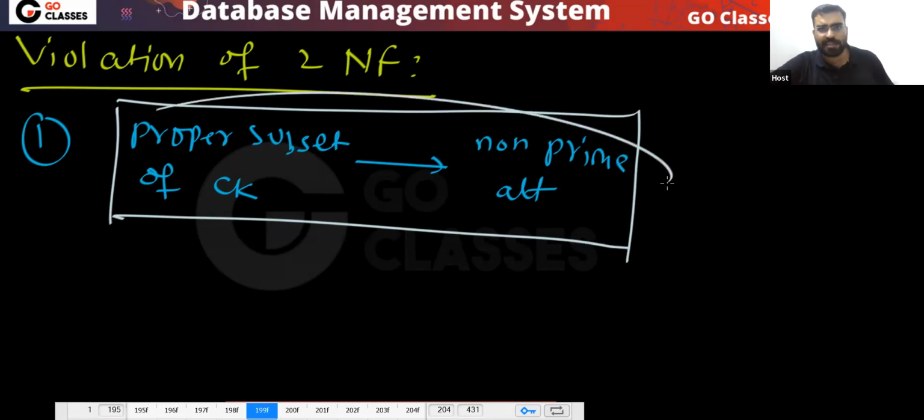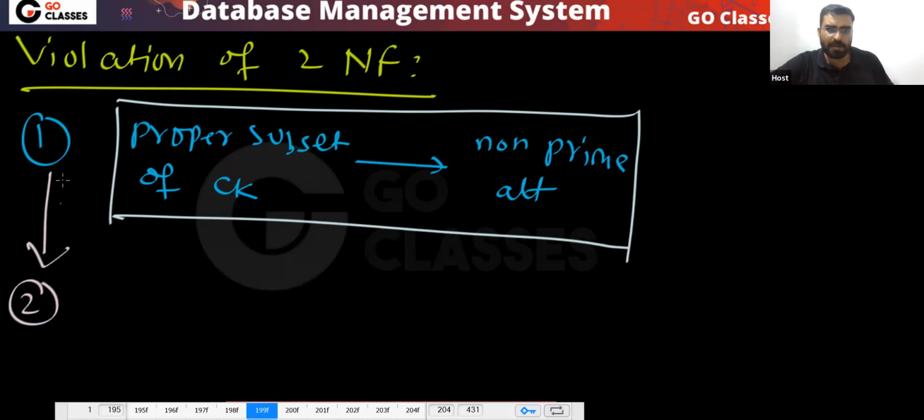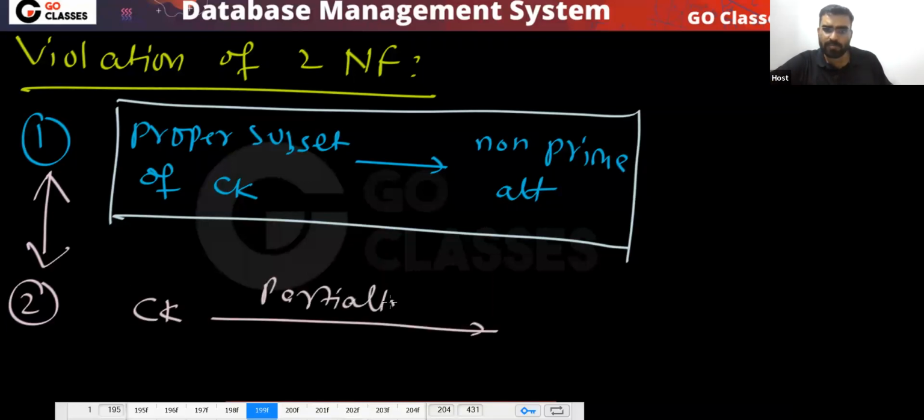This can be partial or this can be full. This is the violation of 2NF. Why? Because of this it will happen. What will happen? Some candidate key partially determines some non-prime attribute.